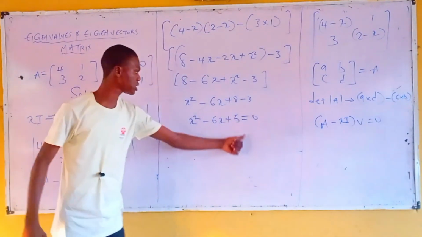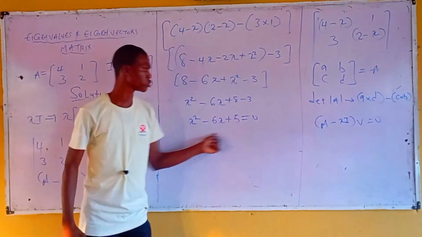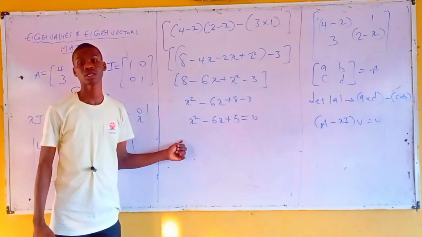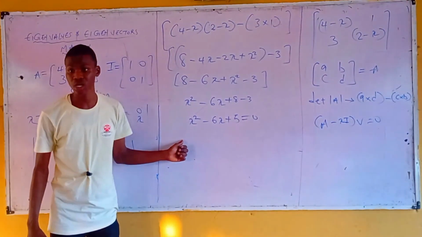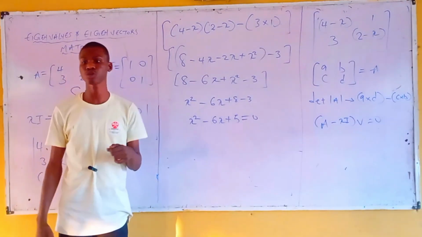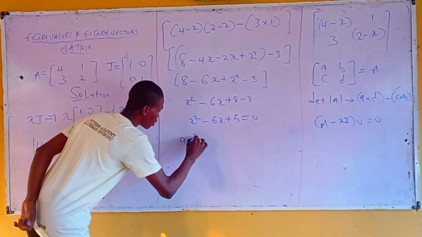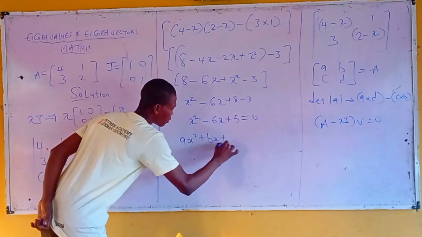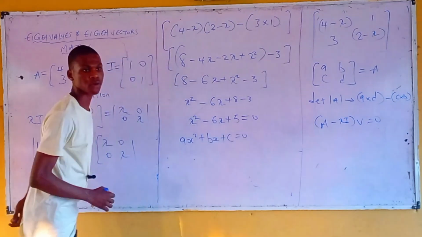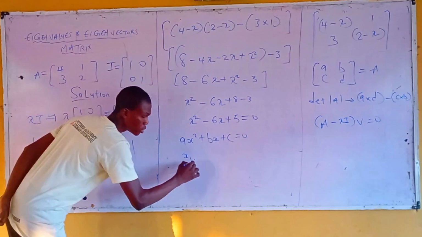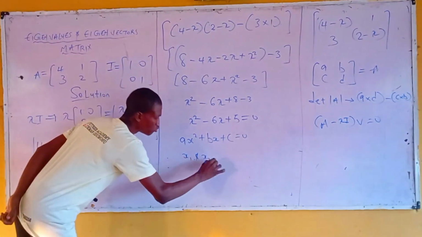Lambda. Now check this equation here. You can relate it to a quadratic equation, and with a quadratic equation you can surely find the roots. Let's say you have ax squared plus bx plus c equals 0. From here you can get x1 and x2.